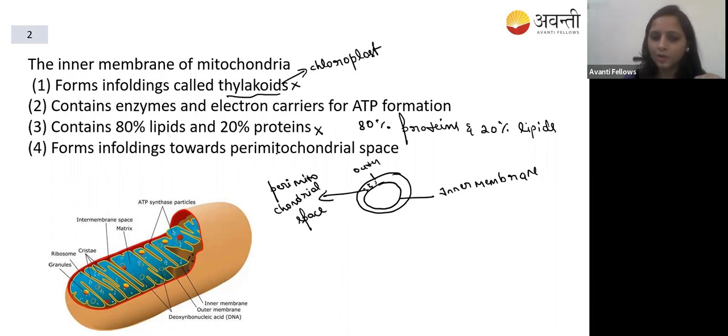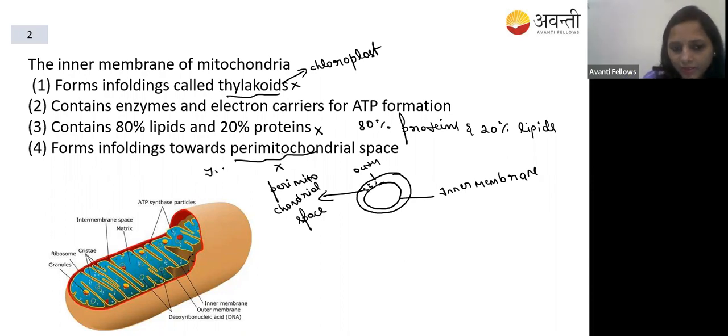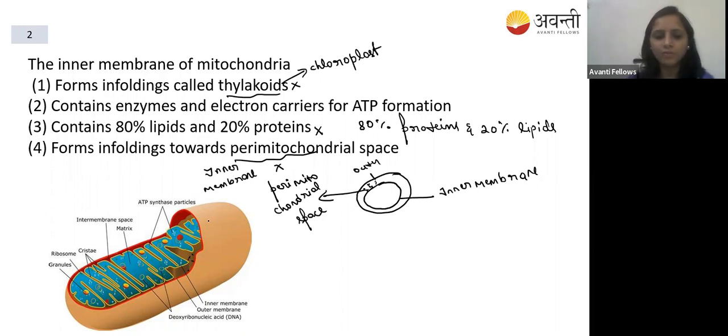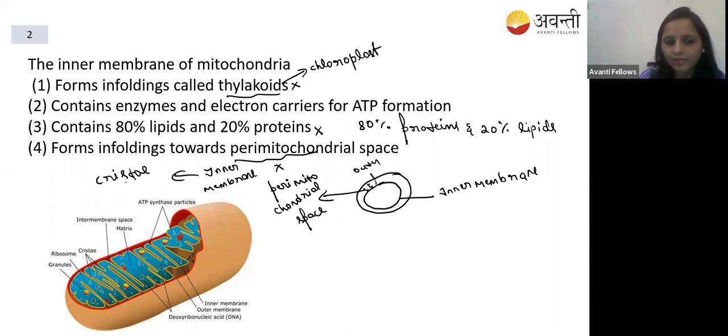Not in the perimitochondrial space. That folding, what do we call it? That folding we call cristae, right? Recall, guys, we call it cristae. So that's the reason option 4 is also wrong.